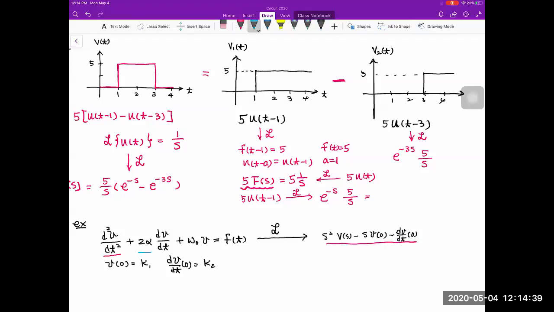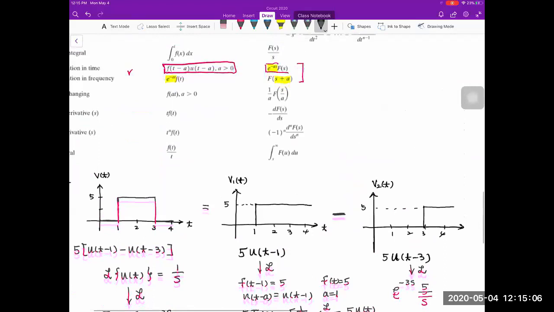And the second term is this one here. If you write the Laplace transform of the second term, that is going to be 2 alpha times the first derivative. The first derivative, if you look at the operational table, is going to be s V sub s minus v sub 0.